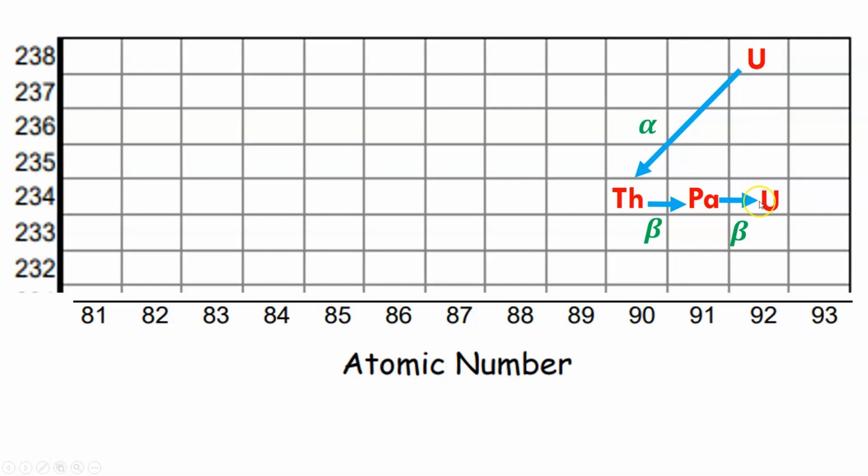But if you notice, instead of uranium 238 with all those neutrons, I'm now uranium 234. It took a couple of steps to get there, but I now have a lower proton to neutron ratio, don't I? So I've gotten more stable down here.